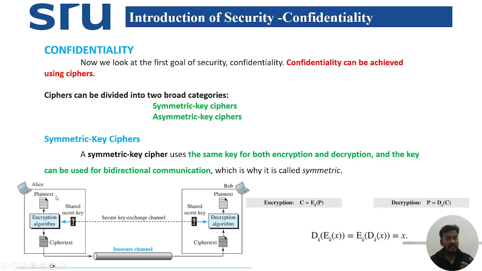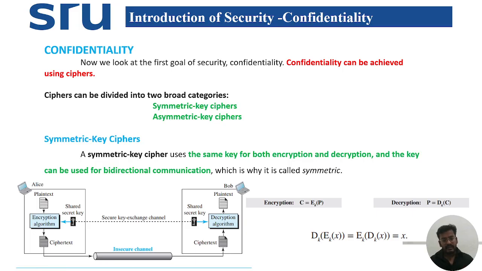Before sending, the file should be encrypted. Initially it is plain text, then it is converted by an algorithm into encrypted text, called ciphertext.